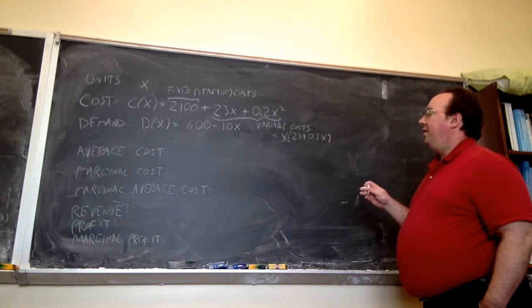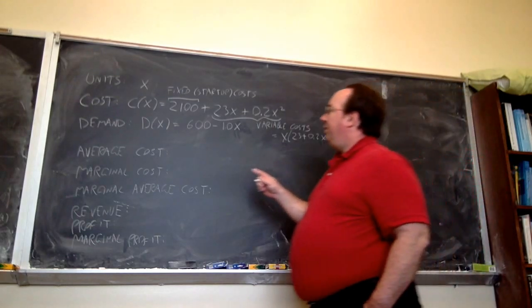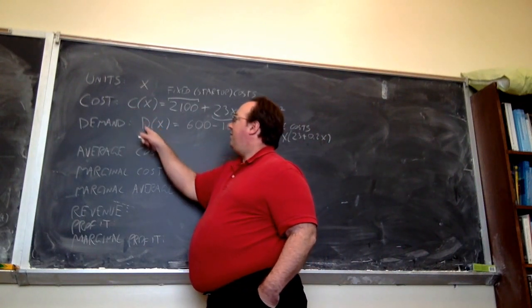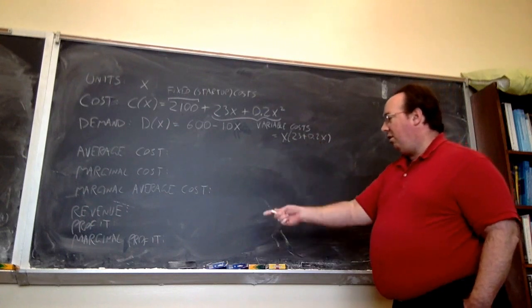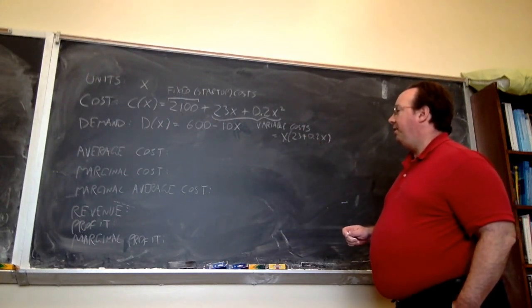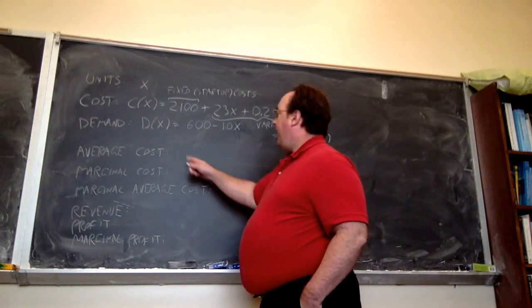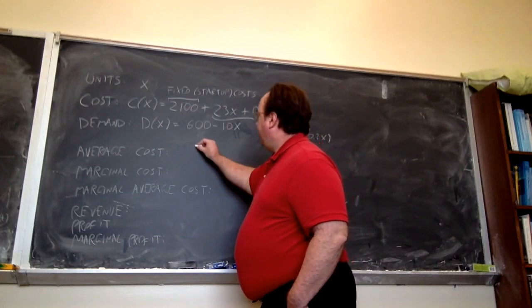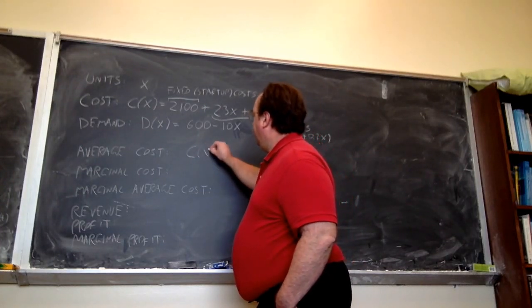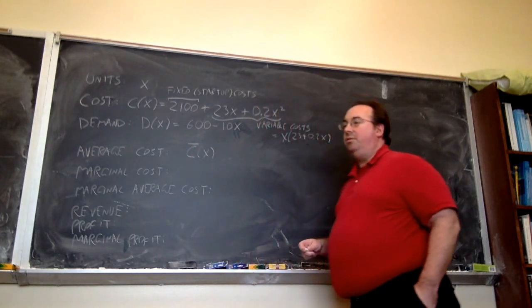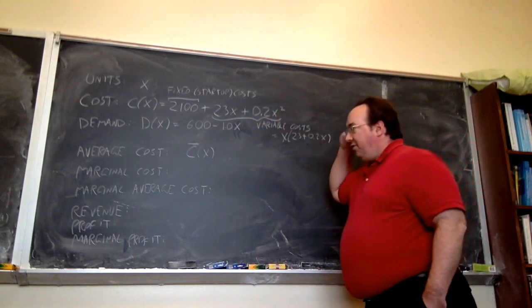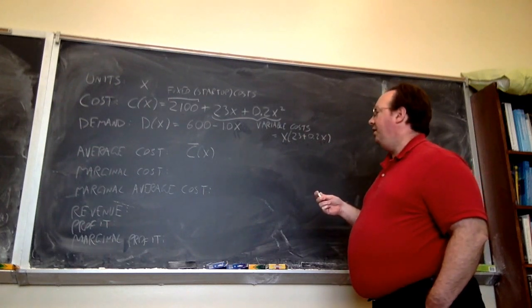Okay. Now, given that our cost function is denoted by c of x and a demand function by d of x, here's how you can obtain all of these functions from them. First, the average cost, which I'm going to denote by c bar of x. The bar is often used to denote average, and this is a notation that you'll see in Hawks.